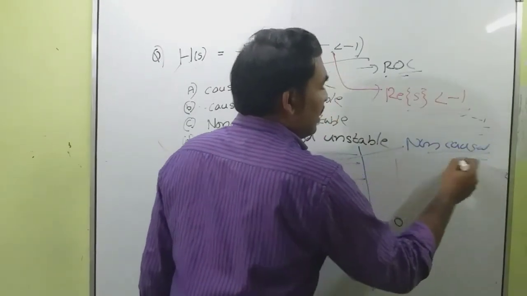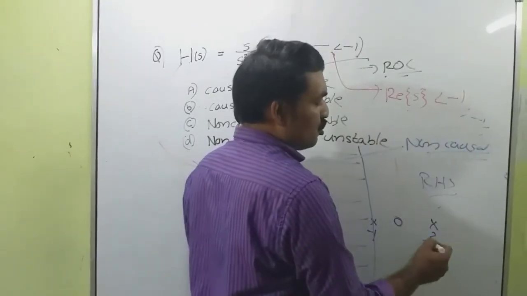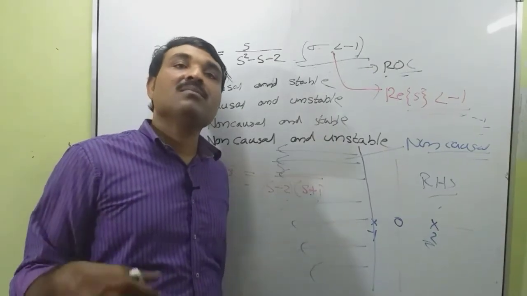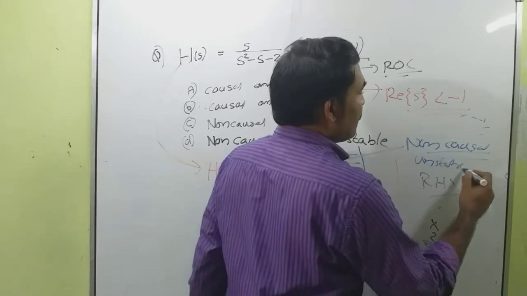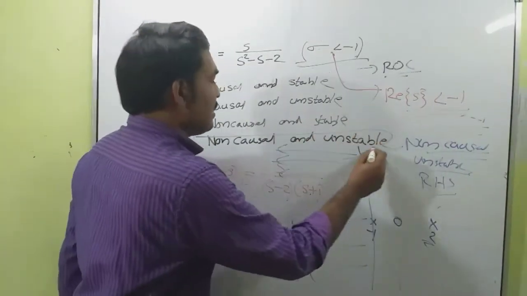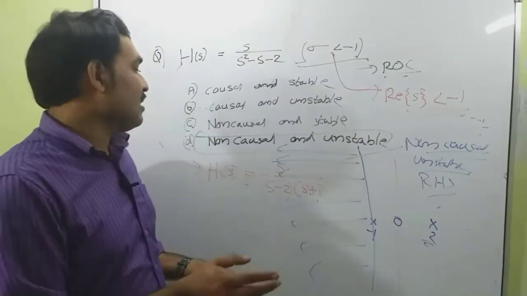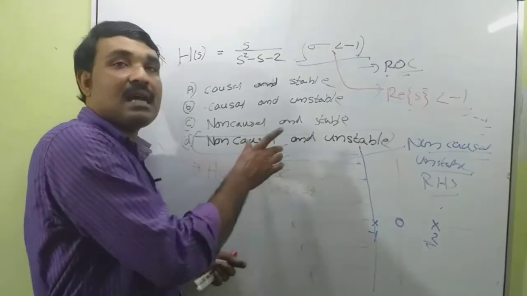Now we have a pole at s is equal to 2, that is on the right-hand side of the s plane. So the system is unstable. So the system is non-causal and unstable. So D is the correct option. If anti-causal is given, then we can say this is an anti-causal and unstable system.